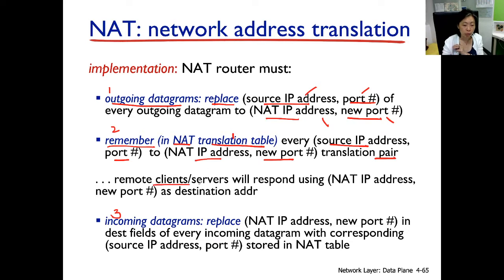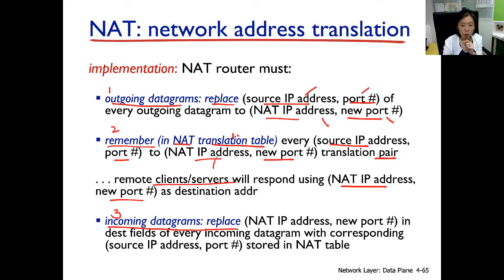So when the remote host receives this packet and sends back a response, in the destination IP address, it's going to be the real IP address, and it's going to be the new port number. So that packet's coming into the local NAT. The NAT box there is going to look up the table and find the pair, right?